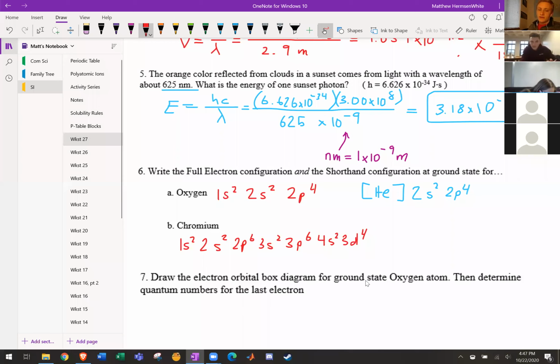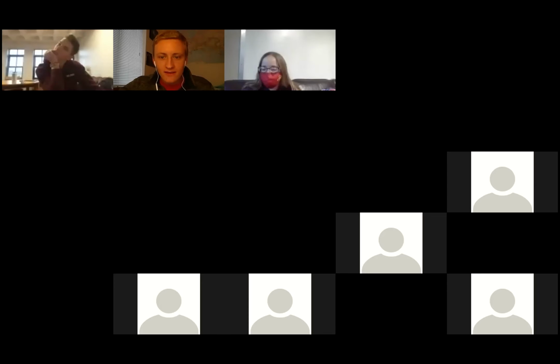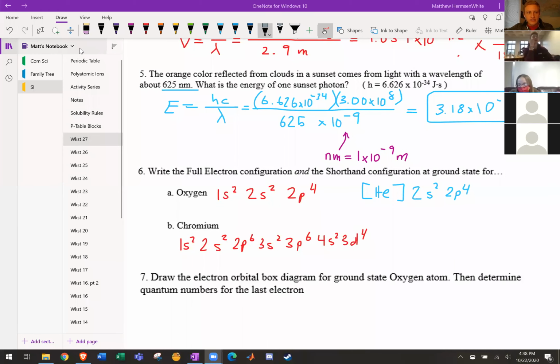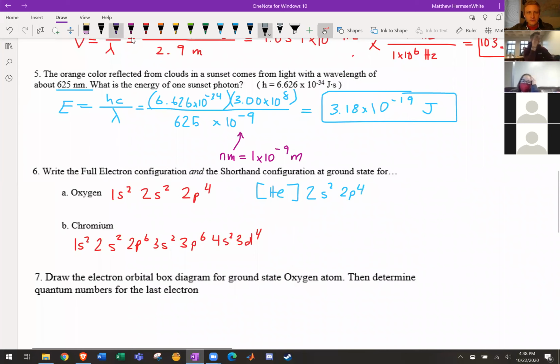Now, who can tell me for the chromium what is wrong about this configuration? 4s1, 3d5. Very good. Yes, that was quick, Ben. So the rule is, we discussed this yesterday. Let me write it down: no d4s and no d9s.